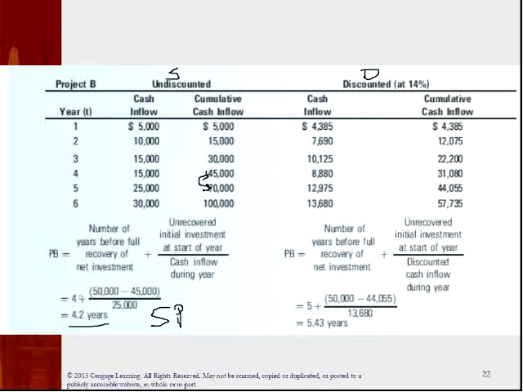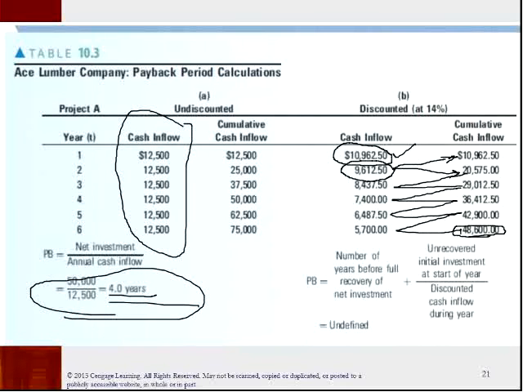Can I explain again how I got the cash inflow amount? Cash inflow amount, you mean these, Gauri? These cash flows? Oh, sure. These ones?